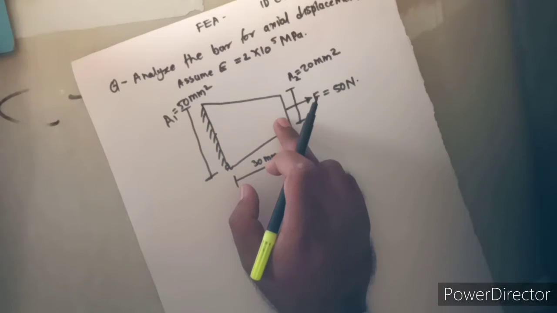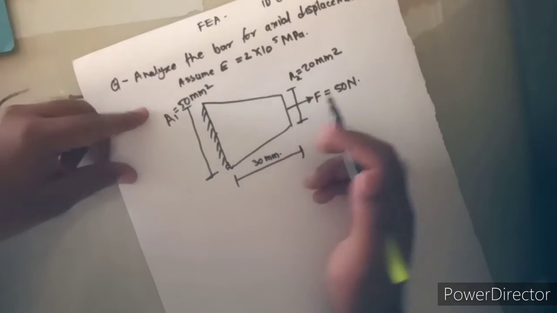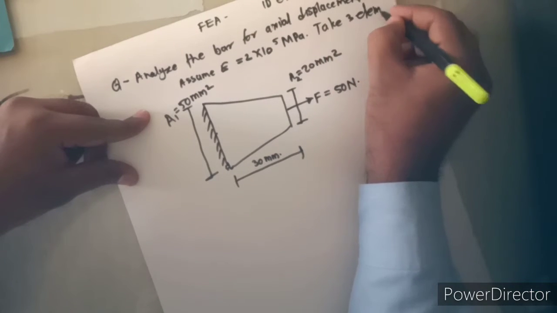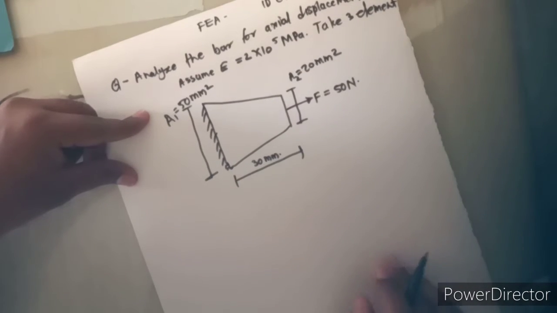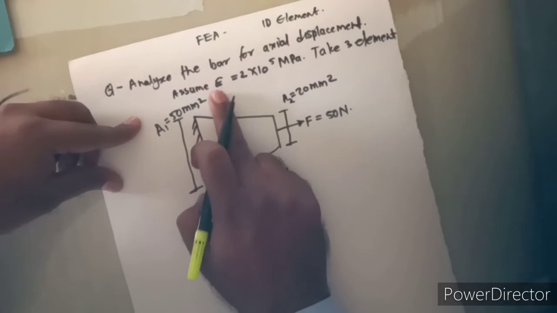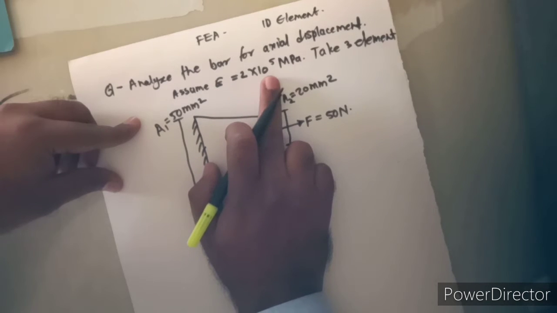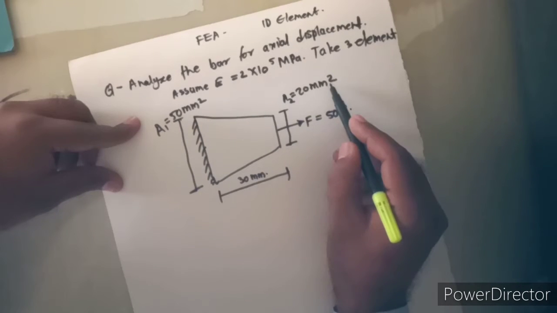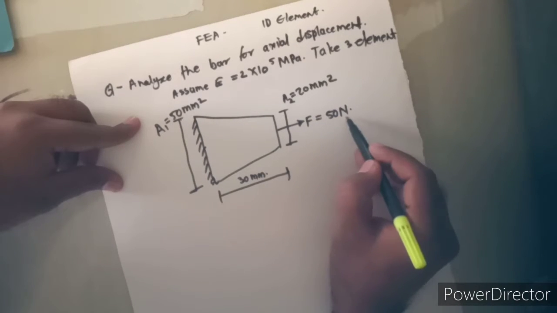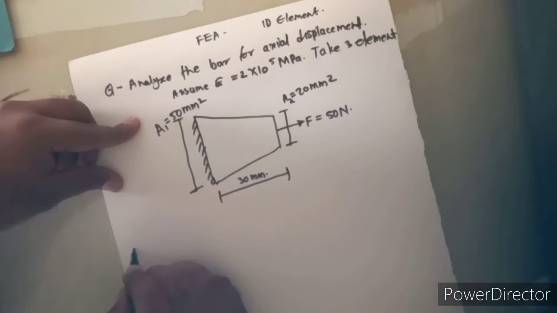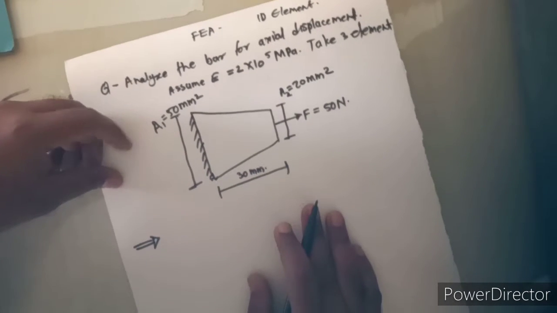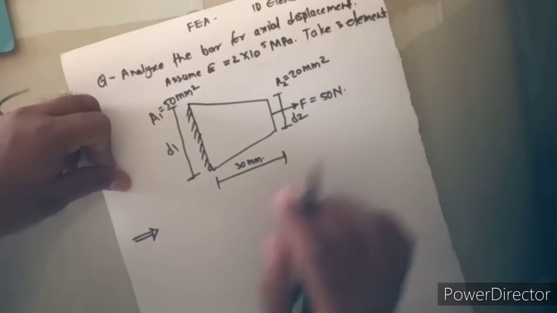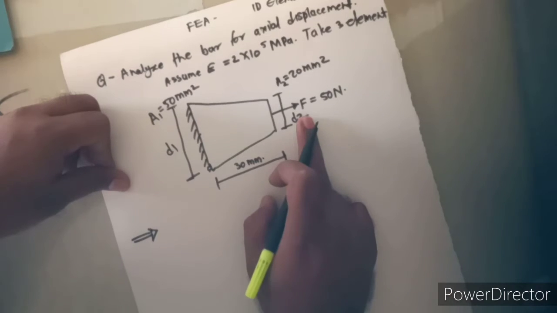Then take three elements, with E equal to 2 into 10 raised to 5 MPa, area A1 is 50, A2 is 20 mm square, force is 50 Newton and length is 30 mm. Then firstly you find out D1 and D2.